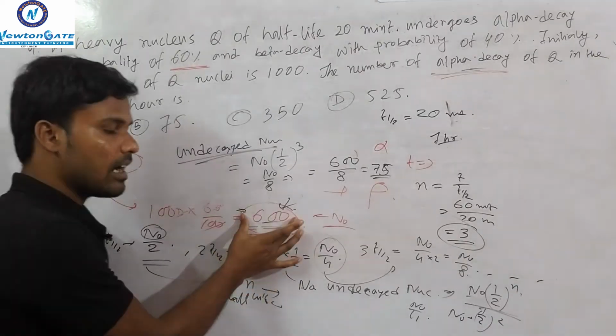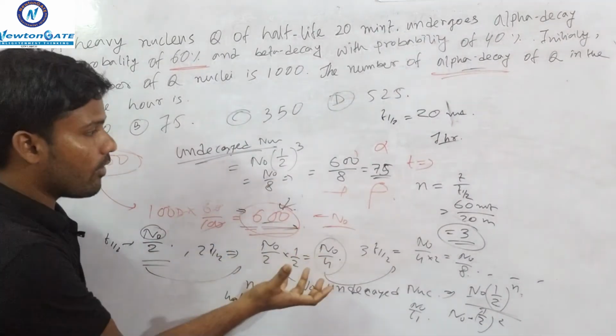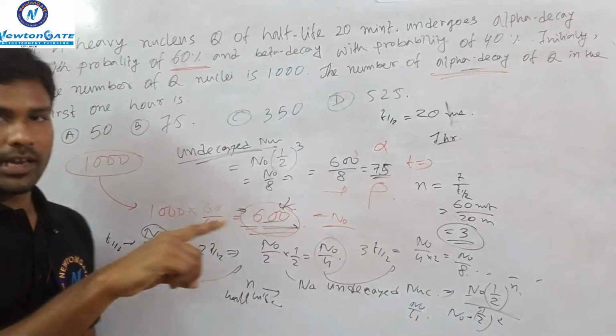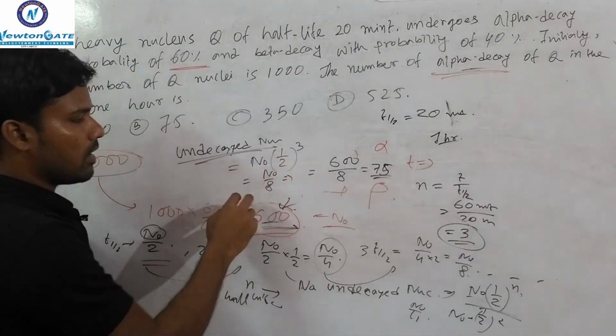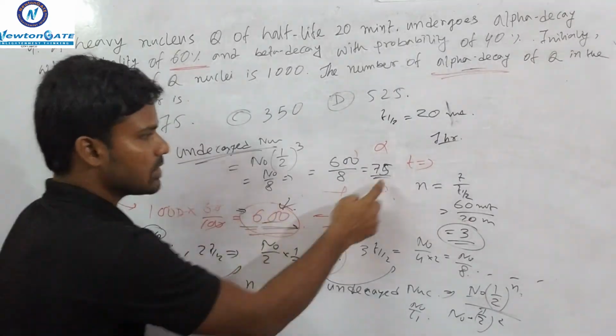This 600 is ready to decay by alpha, but after 1 hour, because the number of half lives in 1 hour is 3, the undecayed nuclei in this portion is 75.